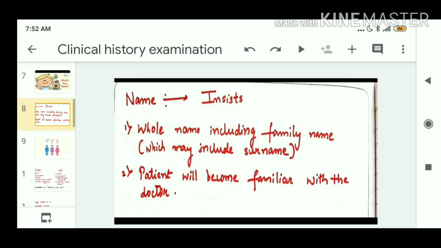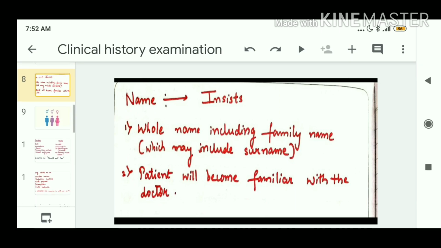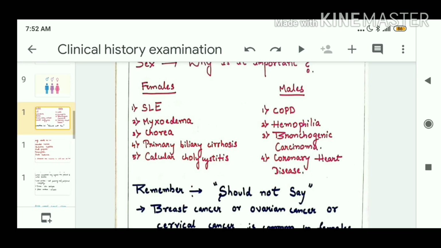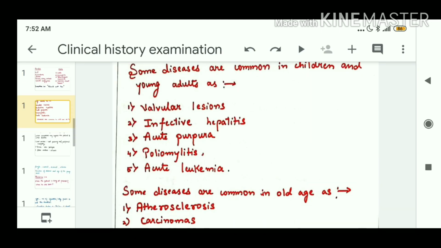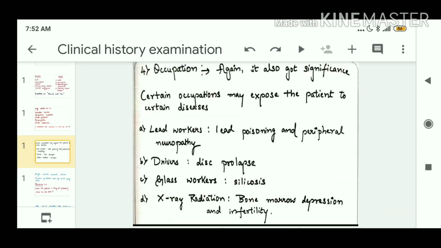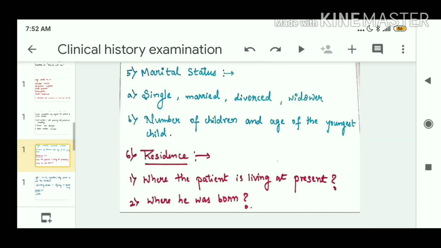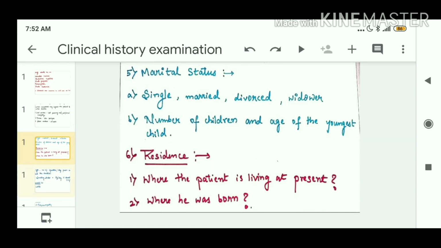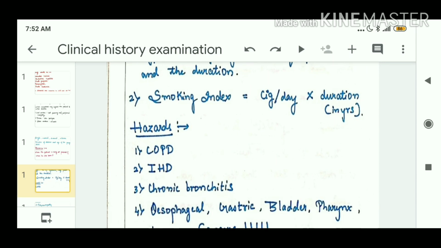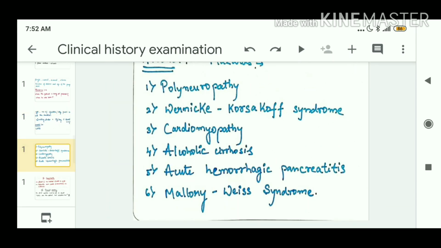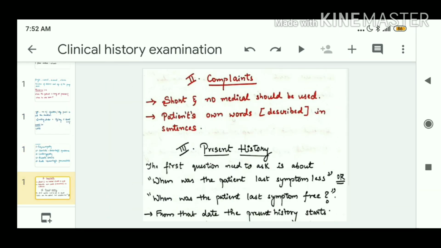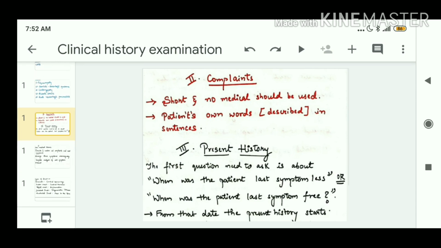Then you took the name, sex, age, occupation, what the hazards are, marital status, residence, hazards of smoking, hazards of alcohol consumption, complaints, present history. Complaints should be short and no medical term should be used.